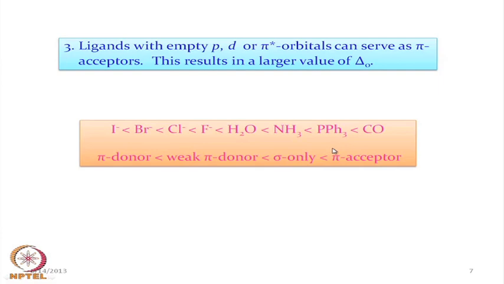But where we place triphenyl phosphine and carbon monoxide, we have them as pi acceptors. So, compared to all these, the pi acceptor ligands are the strongest ligands. They are very strong ligands, and we find in organometallic chemistry and related areas that complexes with carbon monoxide can function as very good catalysts, and triphenyl phosphine can also control the reactivity pattern of the metal center.